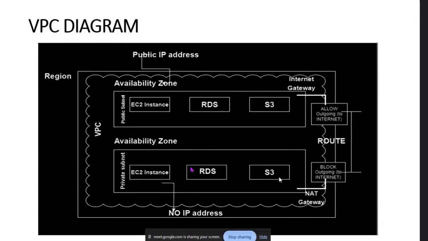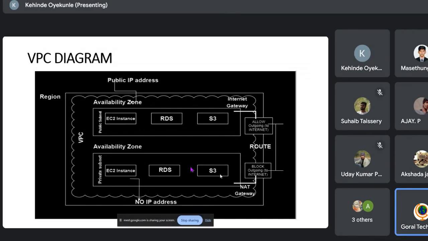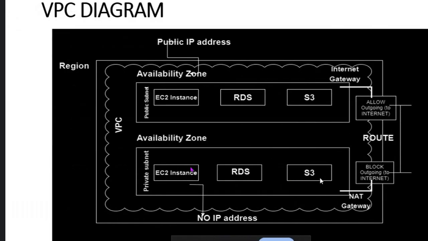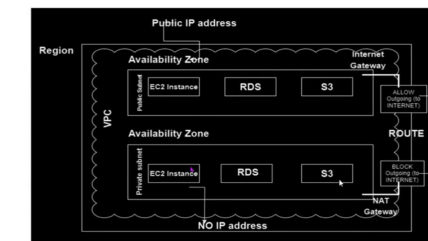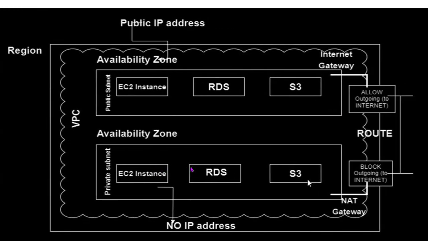The virtual private network. So you have a private network. Inside a private network, can you create a public subnet? VPC, that is a private network, right?